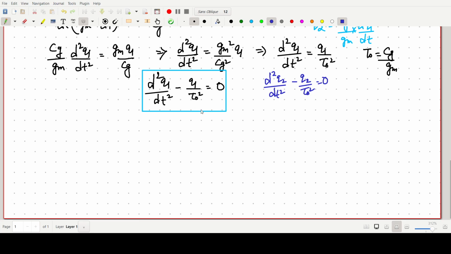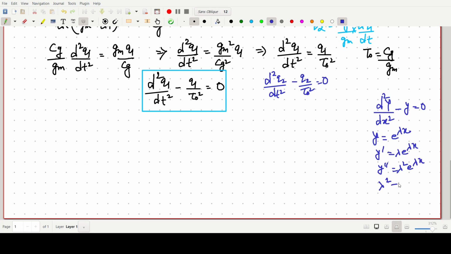Okay, so how to solve this one? For this one, I just want to show you one concept. Suppose y double dash minus y equals to 0. In such a second order differential equation, we have to assume y equals e to the power lambda x, y dash lambda e to the power lambda x, y double dash lambda square e to the power lambda x.